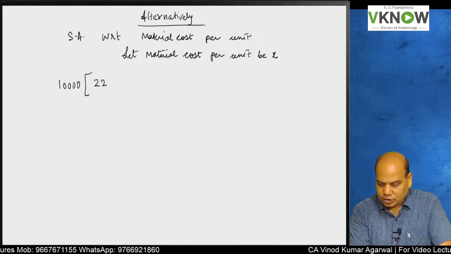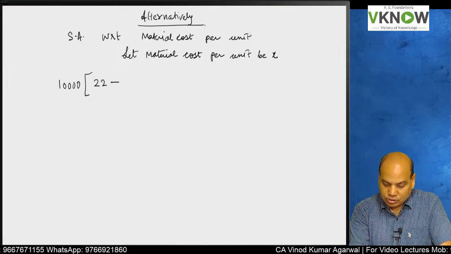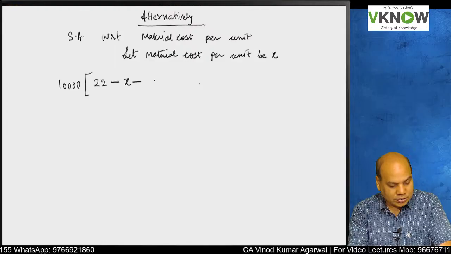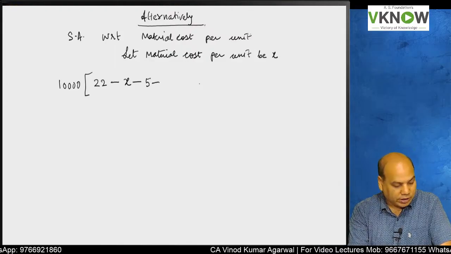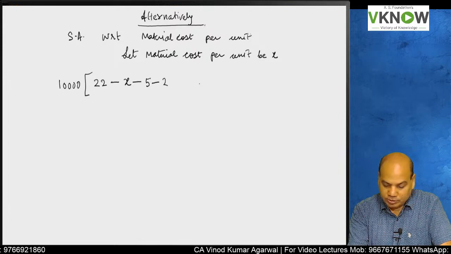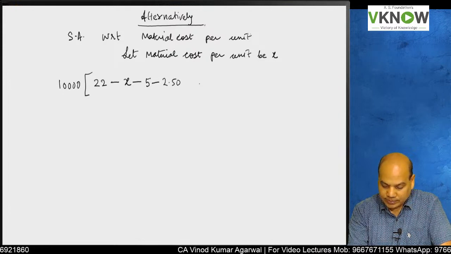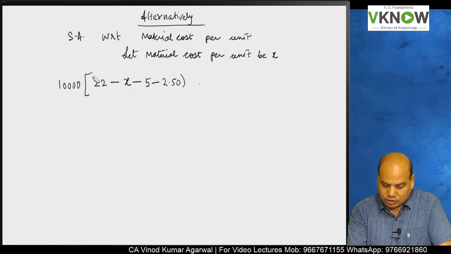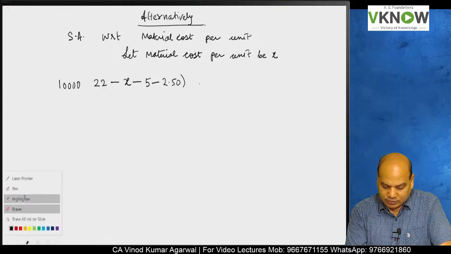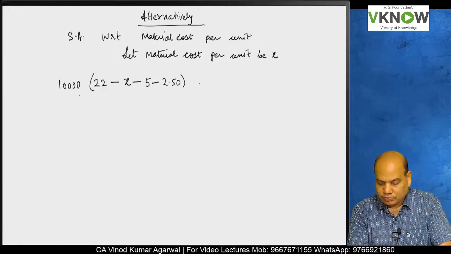Selling price is 22 rupees. Selling price 22 minus material cost X minus labor cost 5 minus variable overhead 2.50. What I have written inside the bracket gives me contribution.